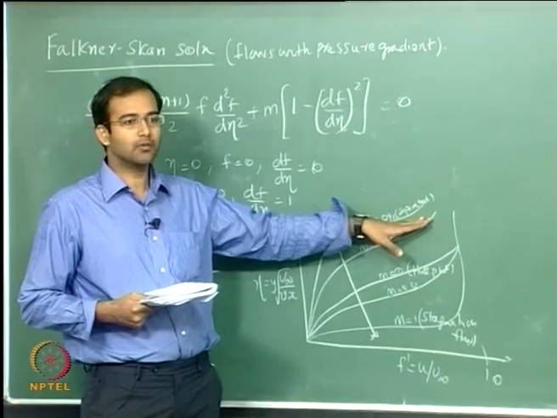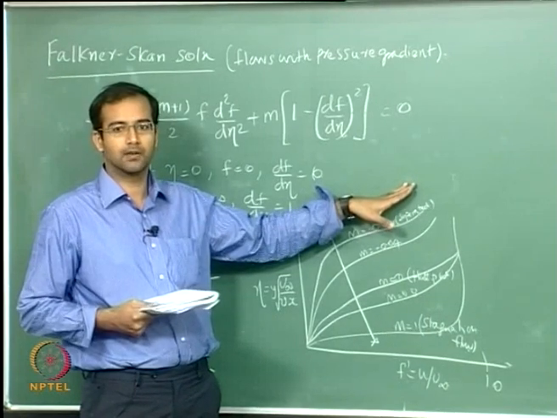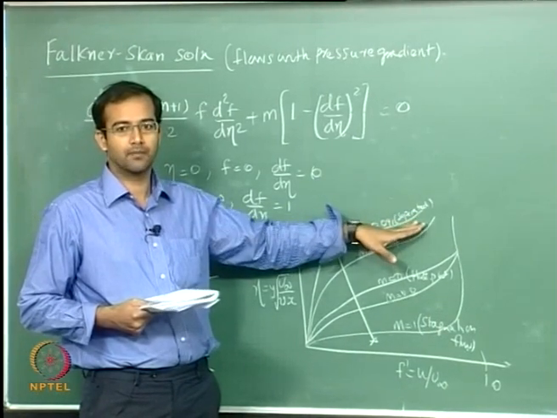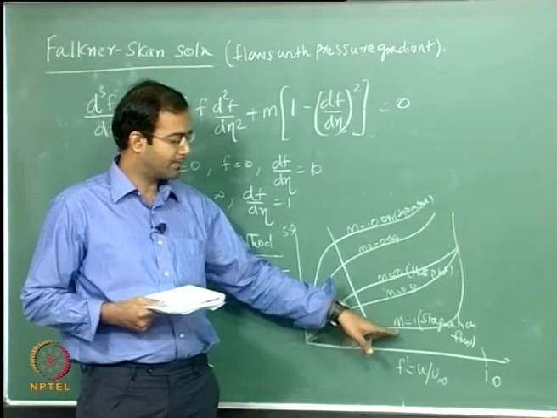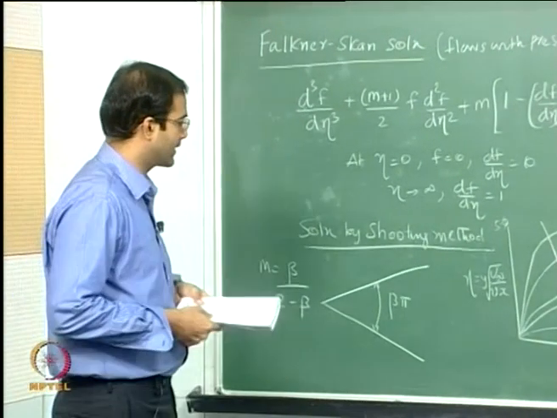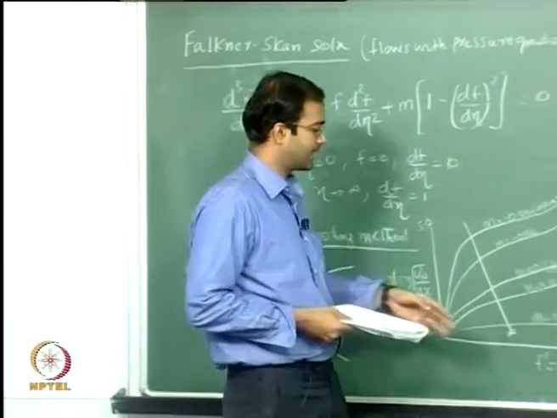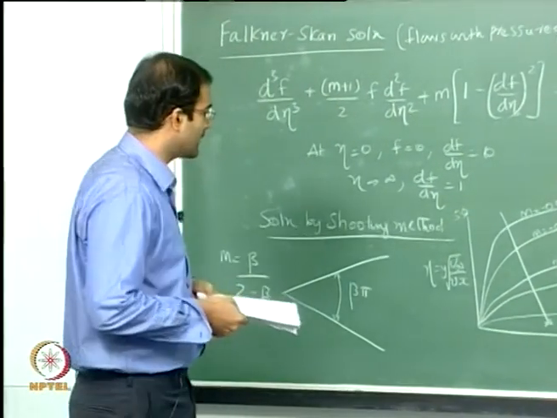So there is no point in going further less than minus 0.091. This is the limit of m up to which you can go negative. On the other side, we are typically more interested up till the stagnation flow, so we can go up to m equal to 1.